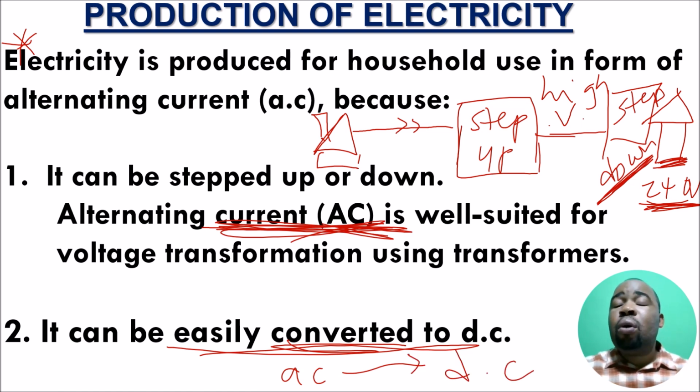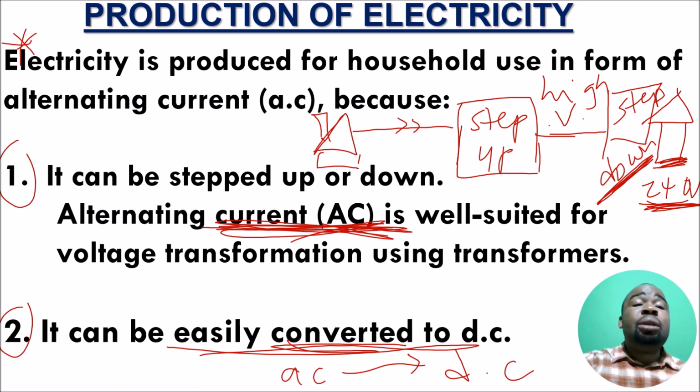This is possible with AC to DC conversions, but DC to AC it's not possible. So the 2 major reasons we transmit our electrical energy in form of AC is: number 1, AC can be stepped up or down. Number 2, AC can be converted to DC, but that is not possible with DC.